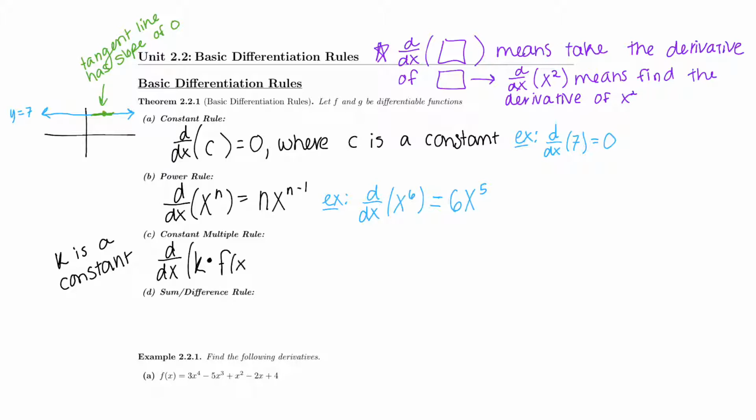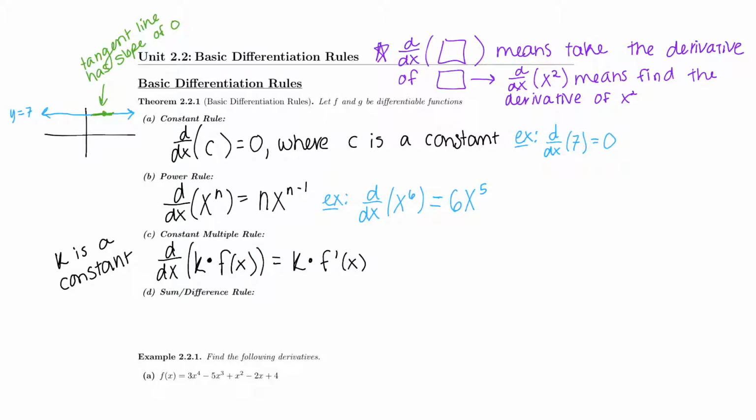So if you have a constant being multiplied by a function, then the derivative just has that constant out in front. So if you take the derivative of a constant multiplied by a function, you can just leave the constant alone and then take the derivative of the function.